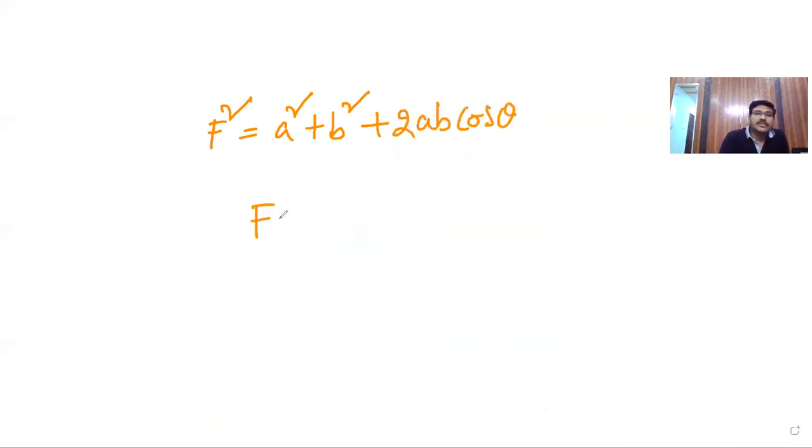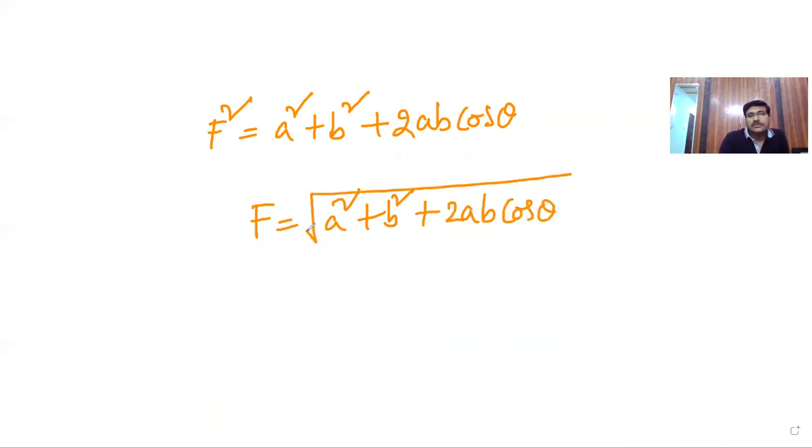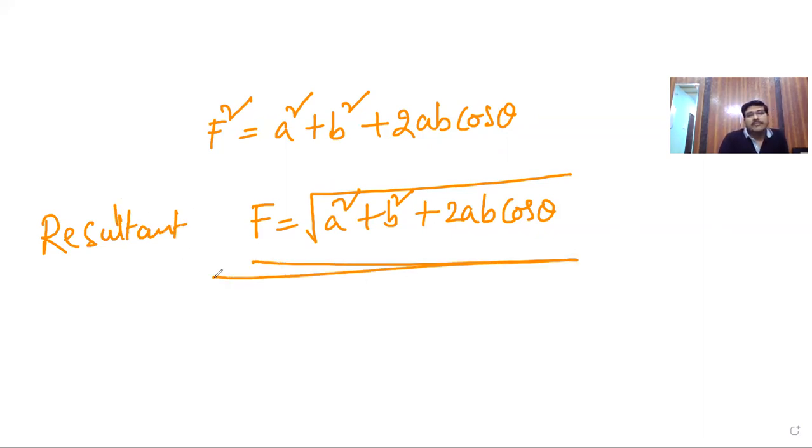So F is the square root of A square plus B square plus 2AB cos theta. This is the resultant of two vectors acting at an angle theta between them. Clear? And be careful.